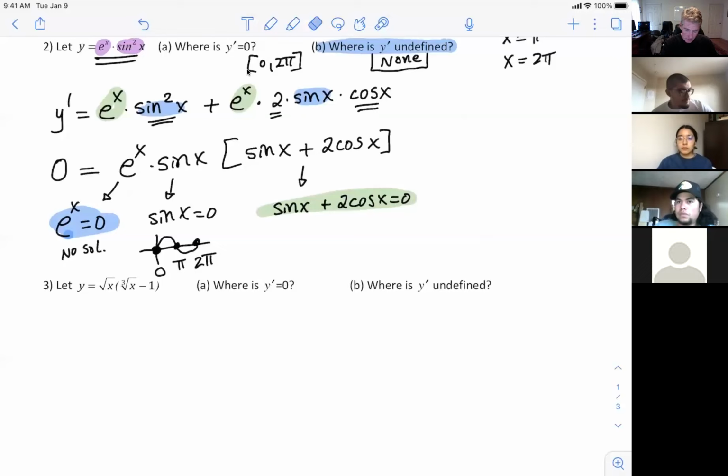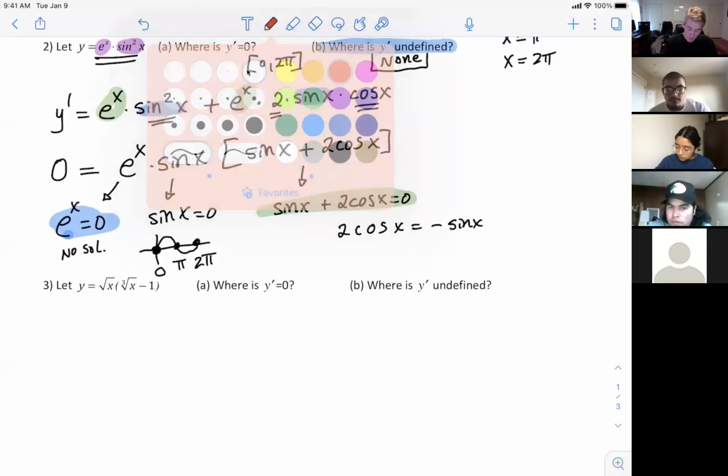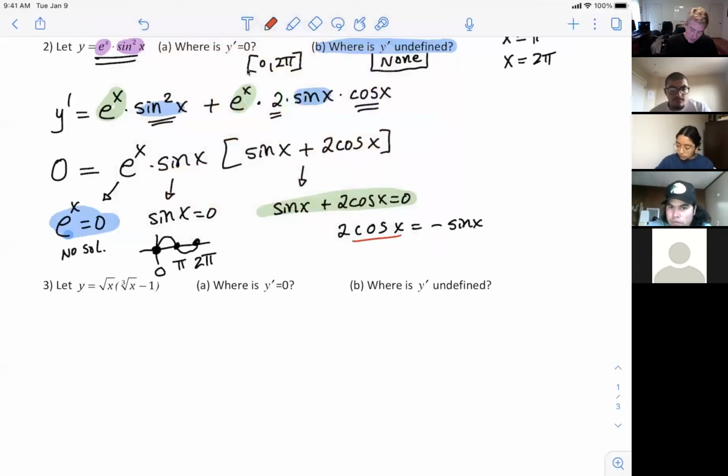So how do we get this to be one trig equation? What I could do is subtract sine of x from both sides. So it would leave 2 cosine of x equals negative sine of x. And then to get this to become one trig equation, divide both sides by cosine.